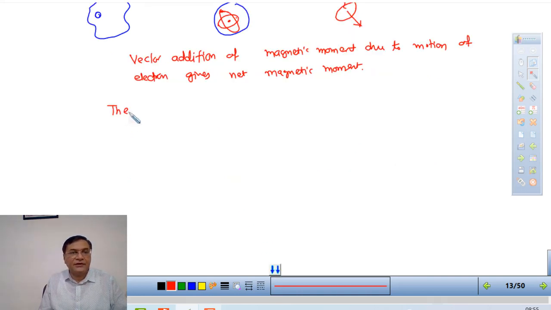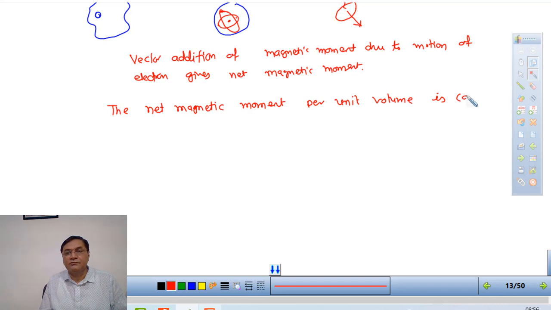The net magnetic moment per unit volume is called magnetization. It may have net magnetic moment, it may not.